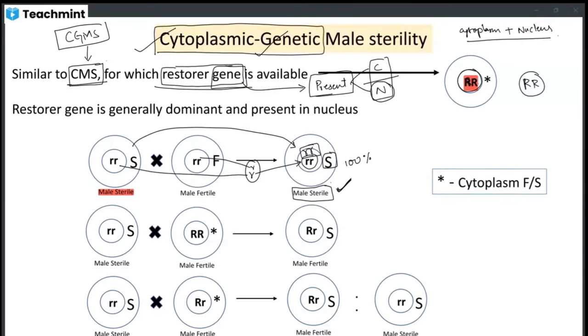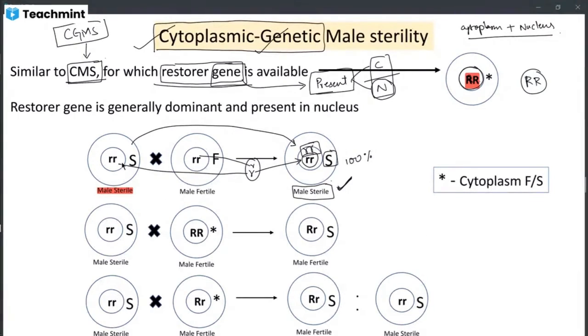Okay, and then you can see another cross below. In a similar condition, the male sterile line is fixed in all three crosses. So when you cross this male sterile line with a male fertile line, but now in the nucleus the restorer gene condition is homozygous dominant, and the cytoplasm might be either fertile or sterile, please hear carefully.